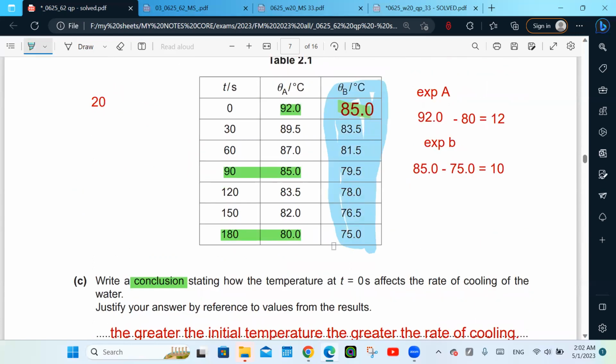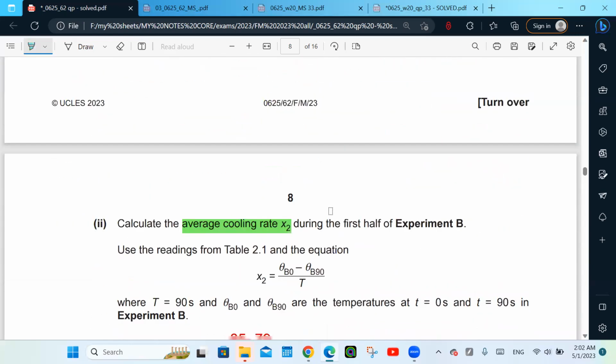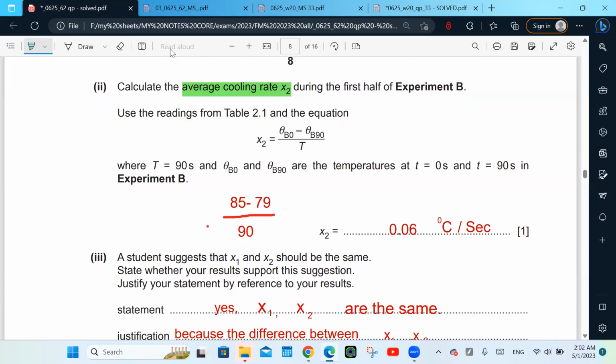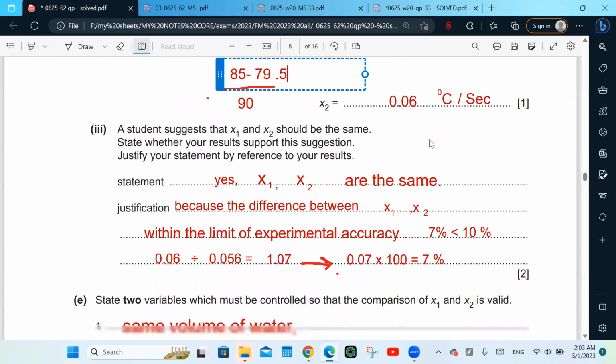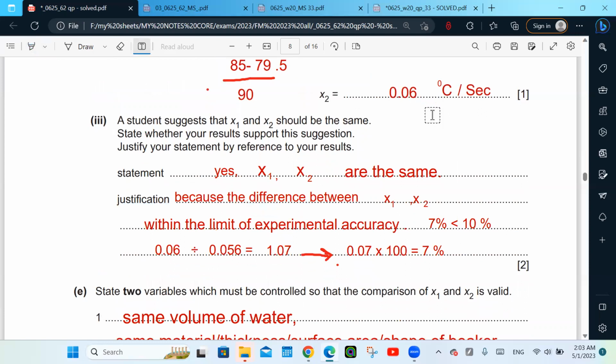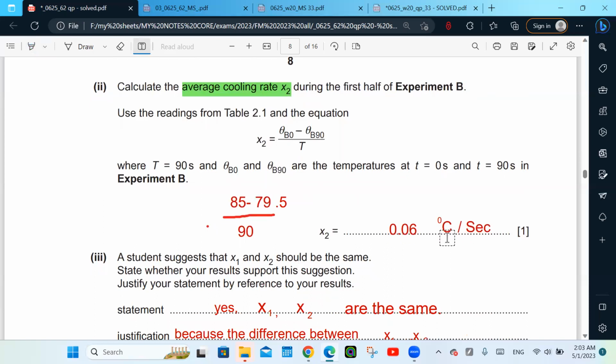Okay, 85 and 75.5. So here we have a mistake. We should correct it: 79.5. The answer will be 0.06, and again, you should take care about the unit, so you get the mark.